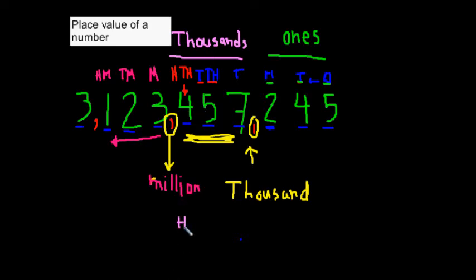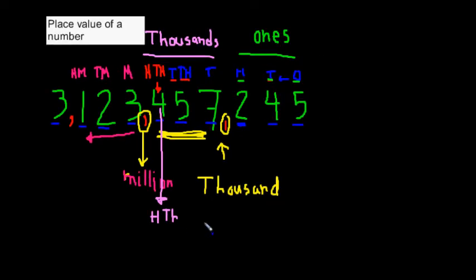H means hundred and T means thousand, so 100,000. So 4 is in 100,000. What about 5? 5 is in tens. Take a look at this.